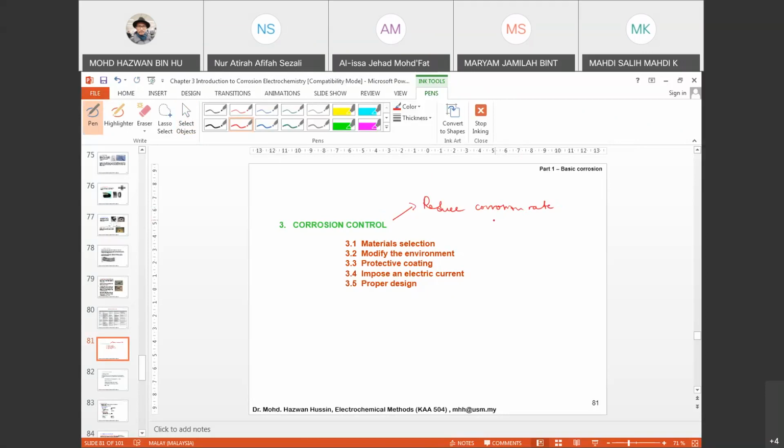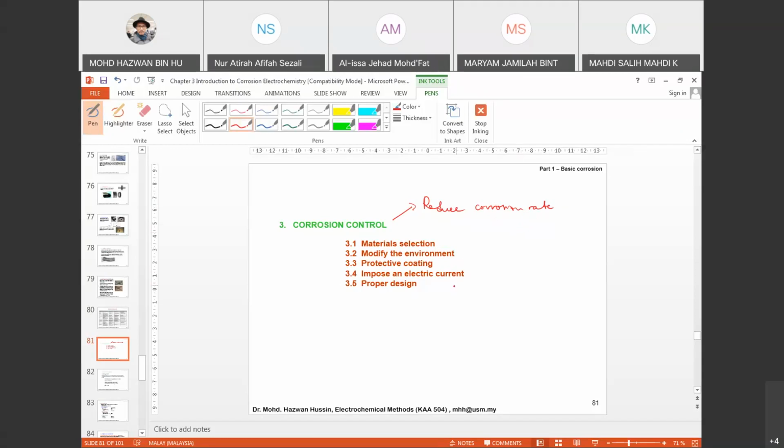Because to stop corrosion is definitely not really possible, since you still have other effects that can trigger corrosion. But at least if we reduce the corrosion rate or the corrosivity, then this will prolong the lifespan of the material, or our budget.